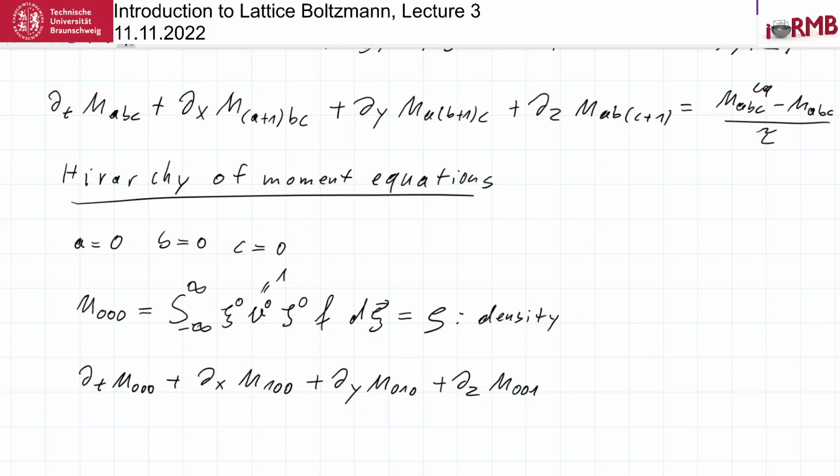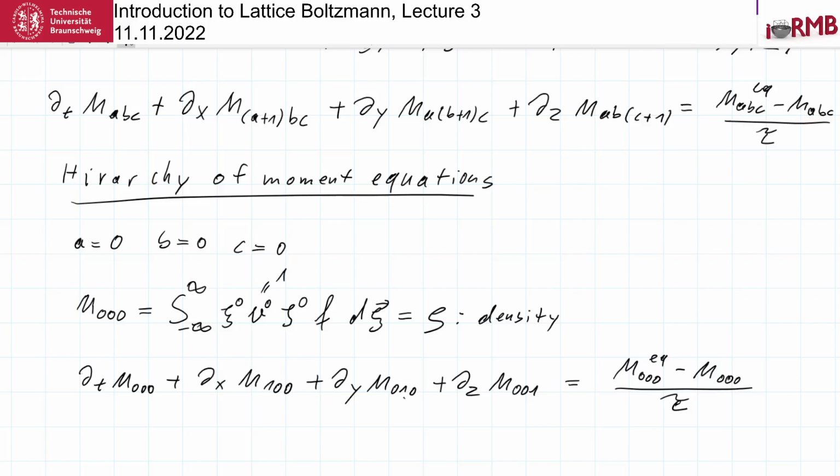So the time derivative of this zeroth moment, plus the spatial derivative in x with the velocity in x direction, one counted up, the derivative in y with m010, so the y velocity, and dz, of course, with the z velocity, will now be equal to m000 equilibrium minus m000, divided by tau.